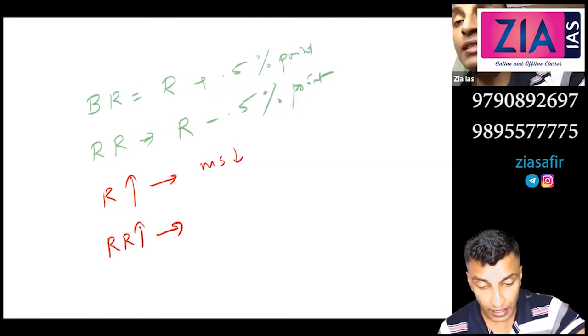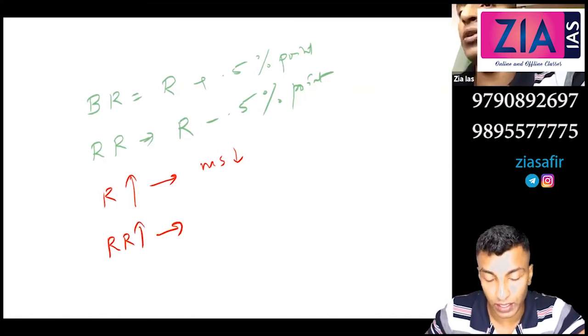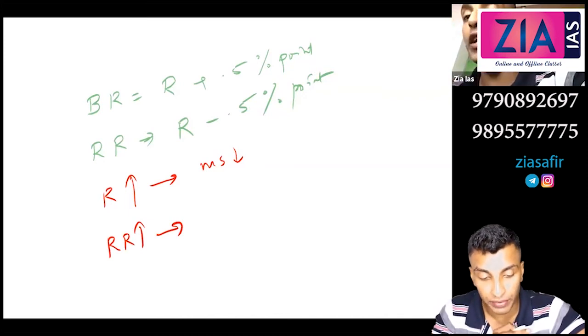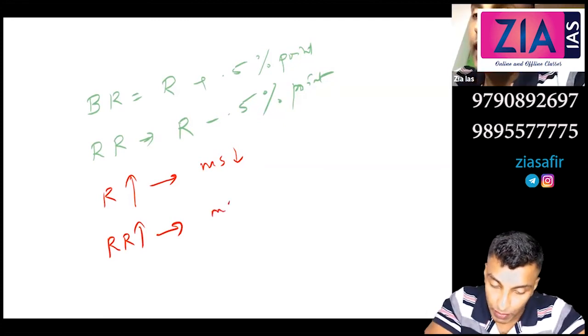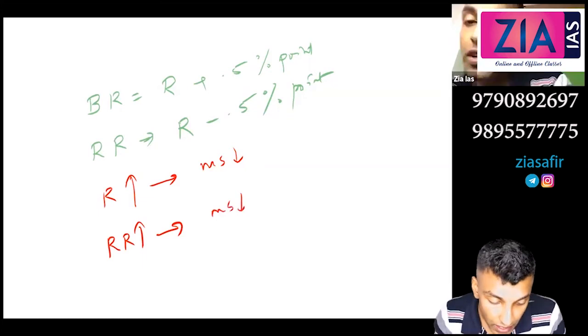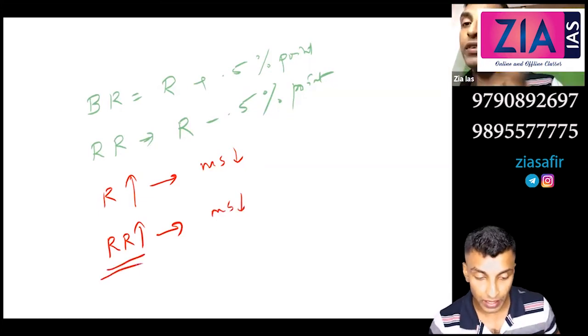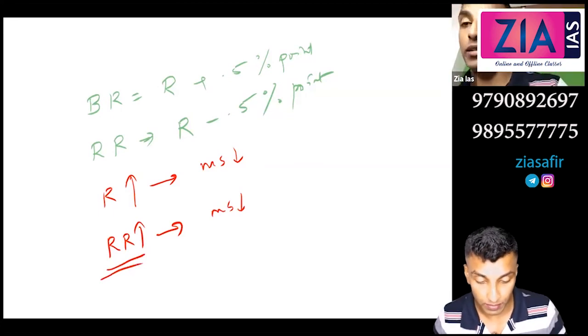Now banks can keep money with RBI and RBI is giving better interest. So banks themselves will opt to keep money with RBI when reverse repo is increasing. In that context also, money supply will decrease. When reverse repo is increasing, banks choose to keep money with RBI instead of lending to the public because RBI is offering better interest.